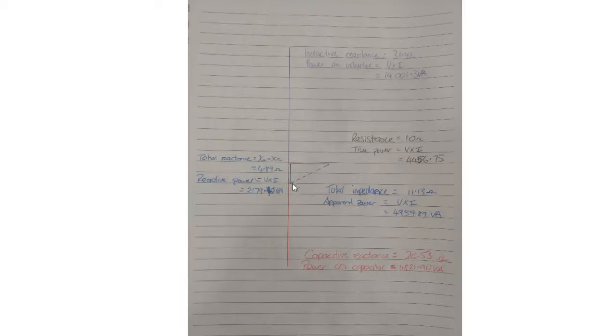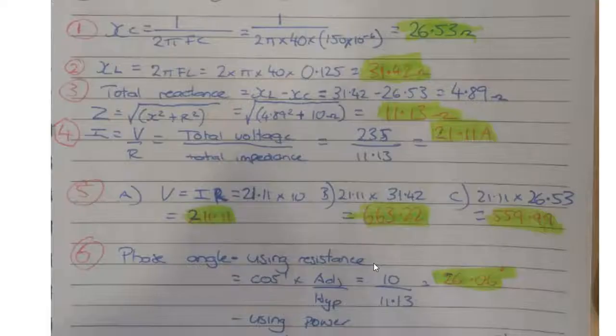But you see that again, the ratios of that triangle are the same regardless of whether I'm using reactance, resistance, impedance, or voltages or power. So reactive power, true power, and apparent power. Either way, the triangle looks the same, and therefore the angle should be the same. So I can use different formulas to do that.